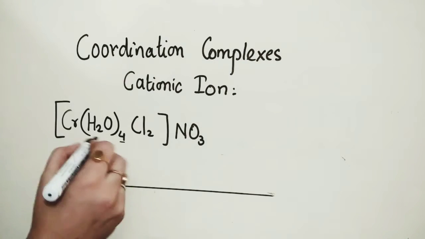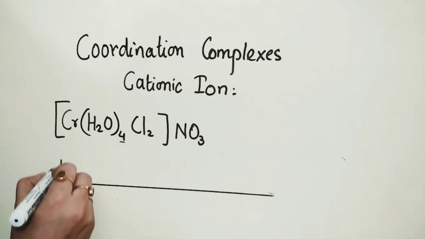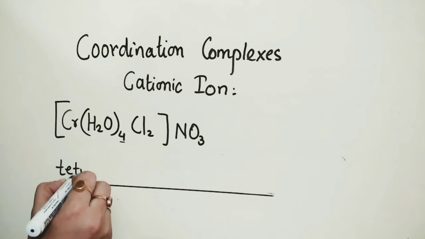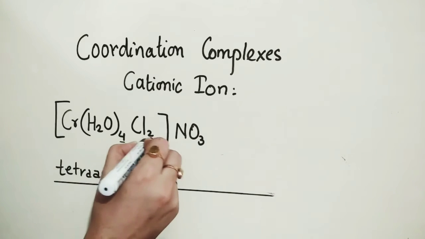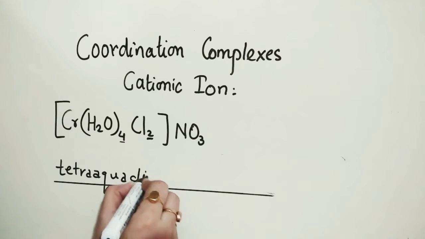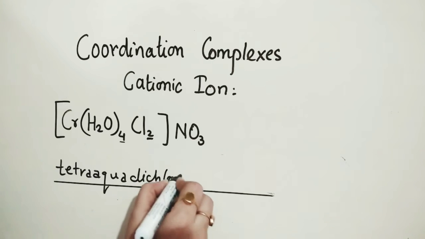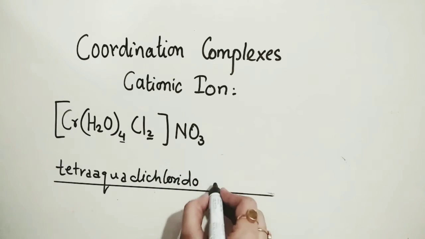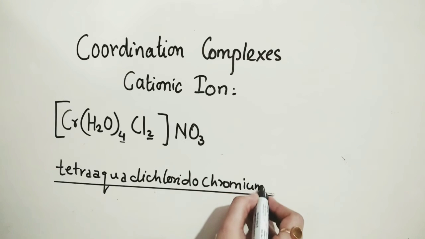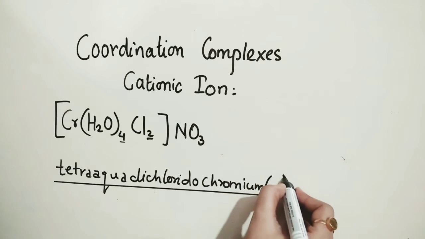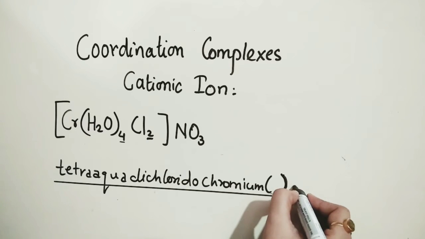Now this is 4 times water, so it is tetraaqua. Now 2 times Cl, dichlorido. Now chromium, oxidation state in the bracket, and nitrate.